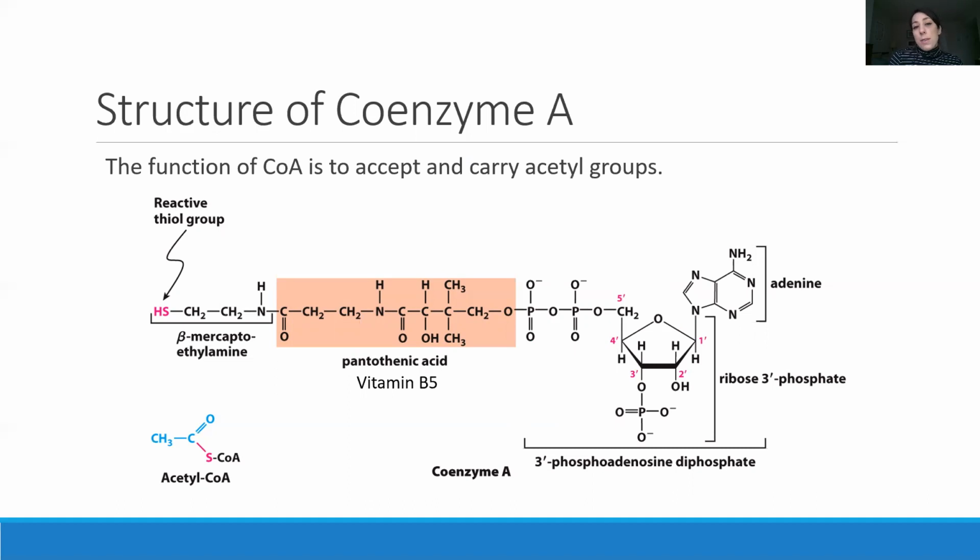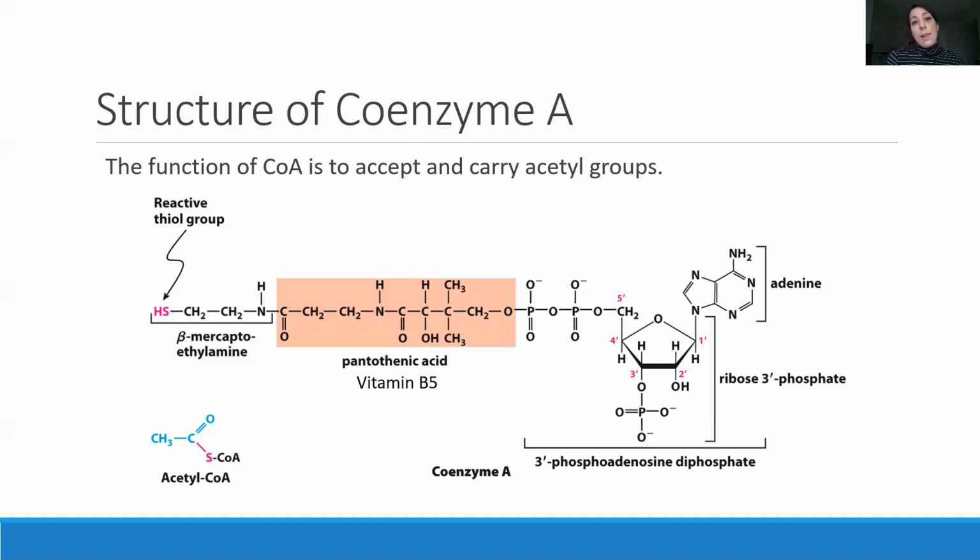And then you can see one of the main backbones of coenzyme A is pantothenic acid, which is also vitamin B5. So we're seeing roles for the vitamin Bs that are strongly occurring here. Remember, TPP is coming from vitamin B1, and coenzyme A is coming from vitamin B5.